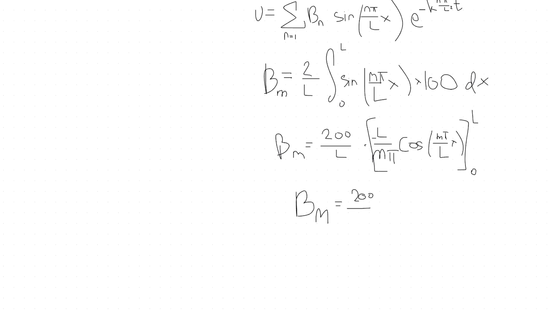So we can say 200 over m pi times 1 minus, because if we plug in 0, this becomes cosine of 0, which is 1, and at L, minus 1.